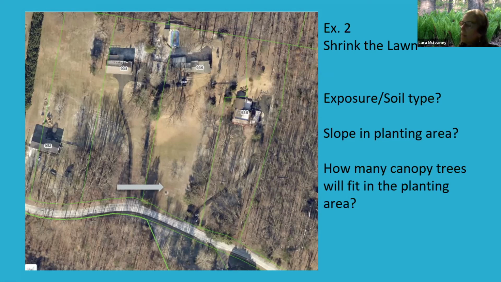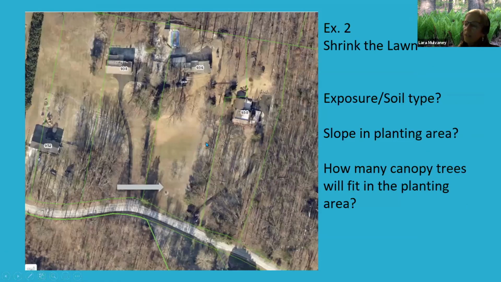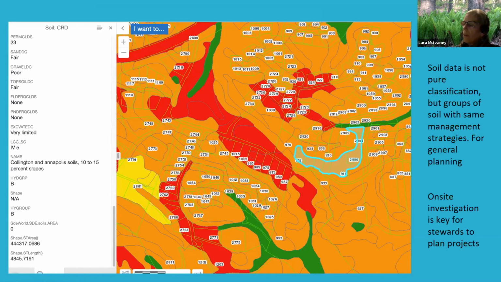So that was a question I had to help answer. We also needed to understand what kind of soil was on the site so that we could pick the appropriate types of trees. So the first investigation I did was on soil type, using the identify tool to figure out the soil conditions there.